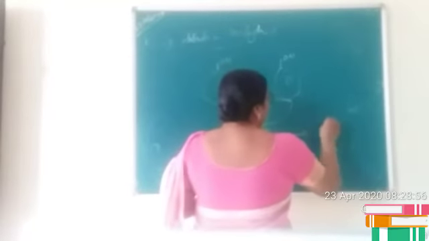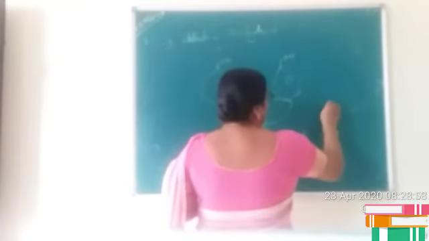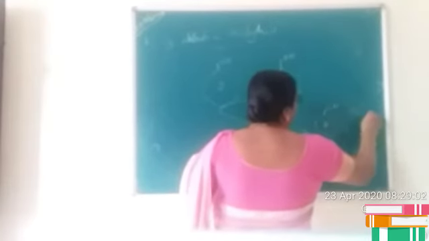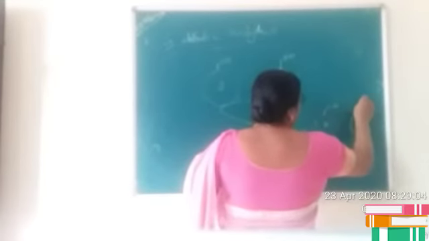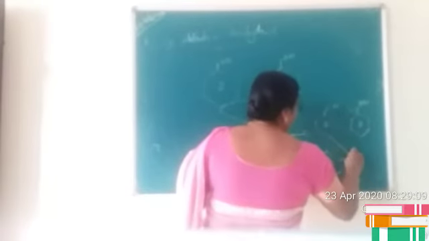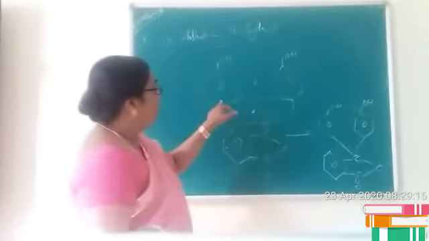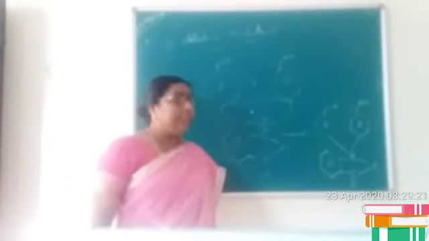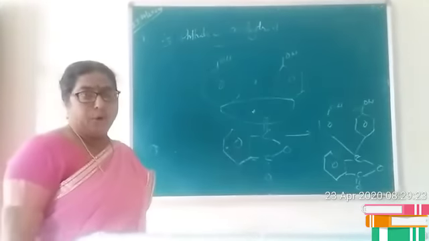Is it clear? Phenol reacts with phthalic anhydride and produces phenolphthalein as the product. Two molecules of phenol undergo condensation with phthalic anhydride and produce phenolphthalein.